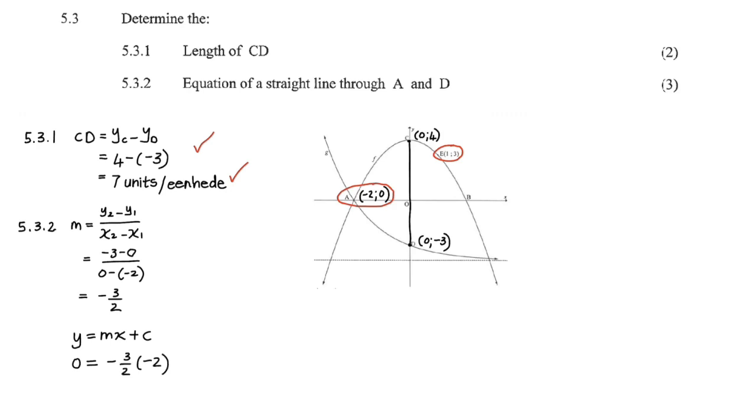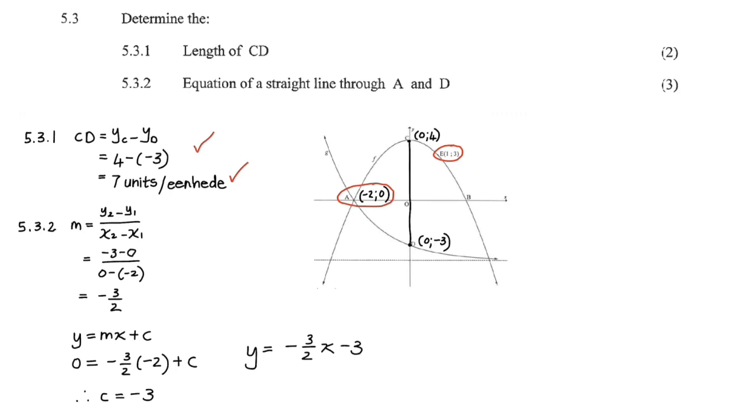Now, negative 3 over 2 times negative 2 equals 3. So then we have 0 equals 3 plus c, which means c has a value of negative 3. Now that we have the value for m and c, we can rewrite the equation. It is y equals negative 3 over 2 x minus 3.